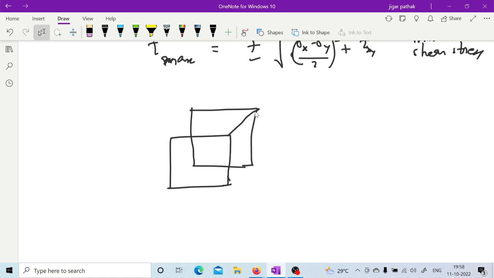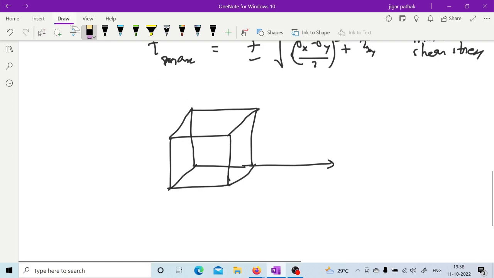So in that case, tau xy and tau yx and all these things will be mentioned based on a specific meaning of those subscripts x and y.